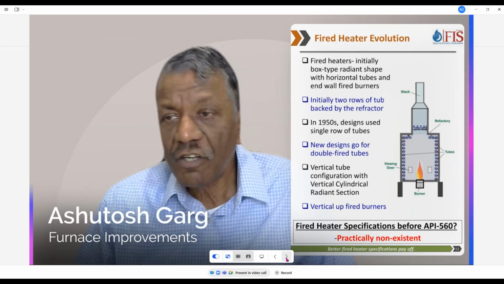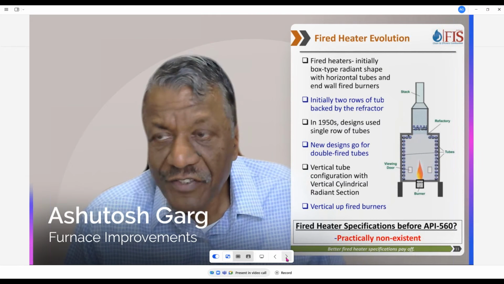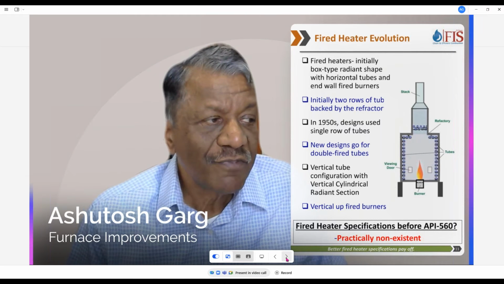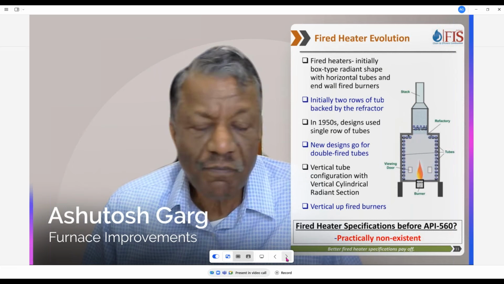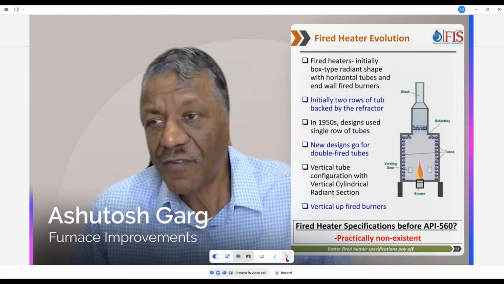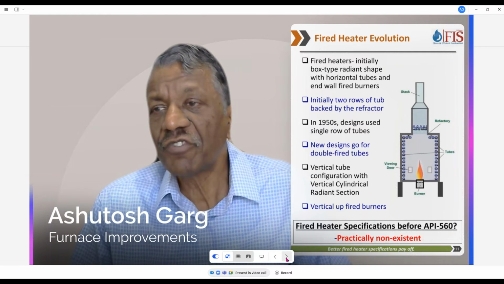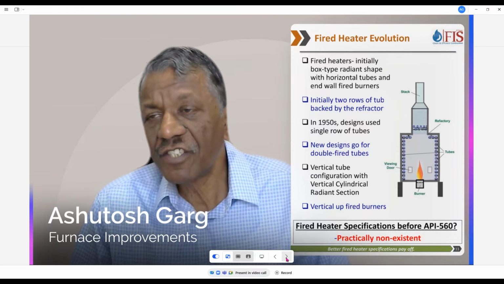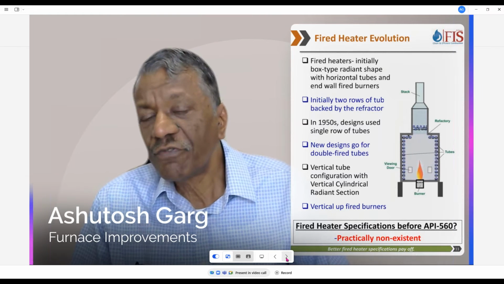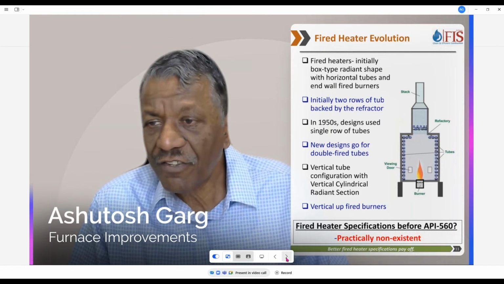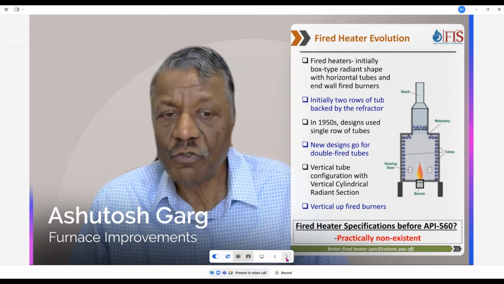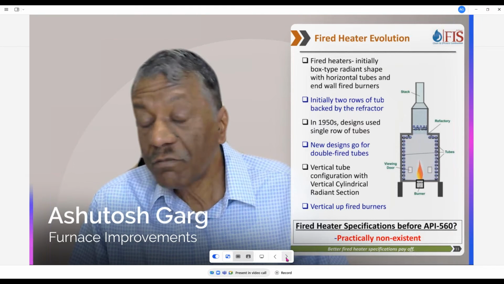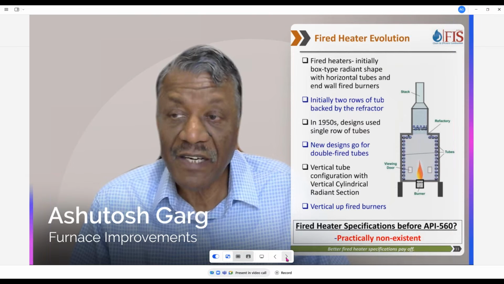So let's come back to API 560, and before API 560 there were no fired heater specifications. Every company used to have their own proprietary specifications which they would use for designing fired heaters. There was nothing available to independents and all other refineries all over the world.